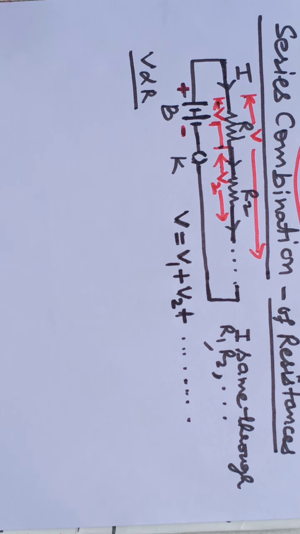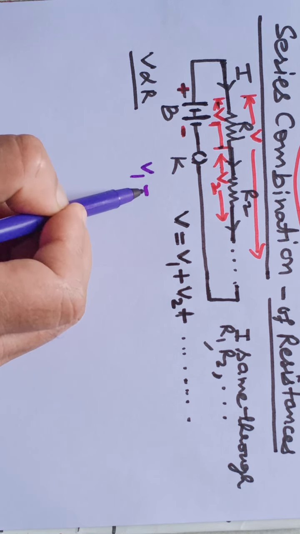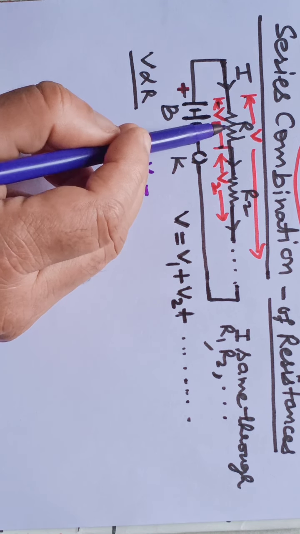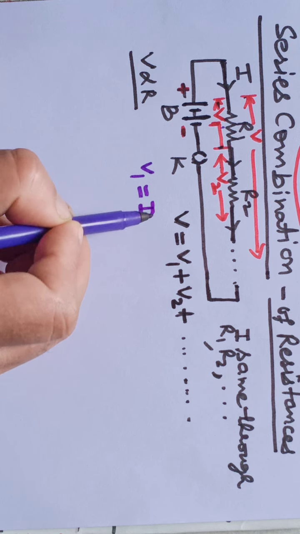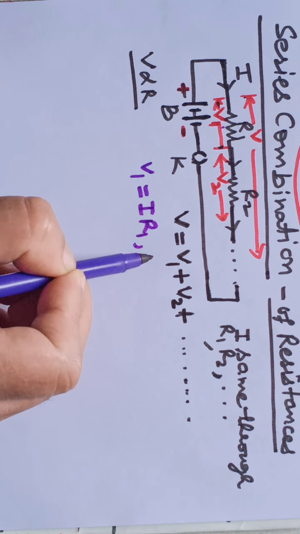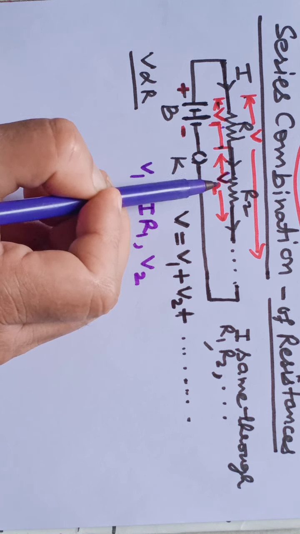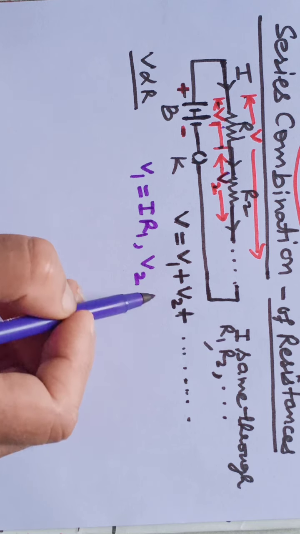So now let us apply Ohm's law. For V1, the current flowing through it is I and resistance of it is R. So V1 is equal to I into R1. Similarly, for the second resistance, voltage across it is V2 and current flowing through it is I again.